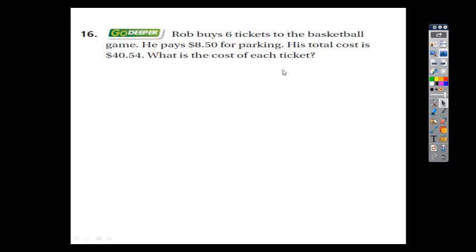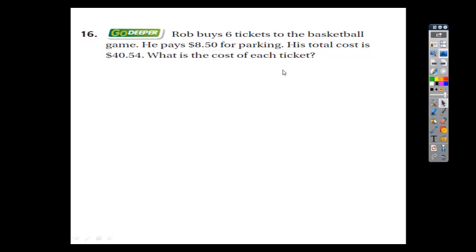So we have to follow some steps here. We have to make minus, and then you have to divide. Why, guys? The first step, the total cost that I paid, 40.54, is for two things. The first thing is that I paid 8.50 for the parking, and then I paid some money for the price of the 6 tickets.